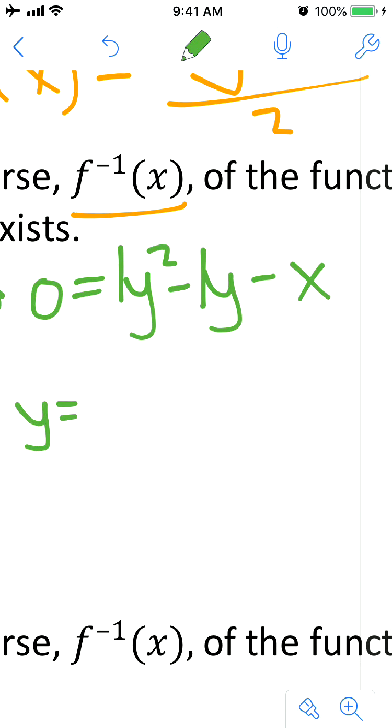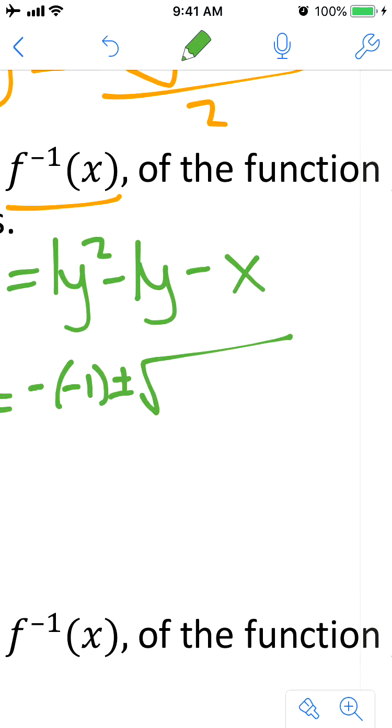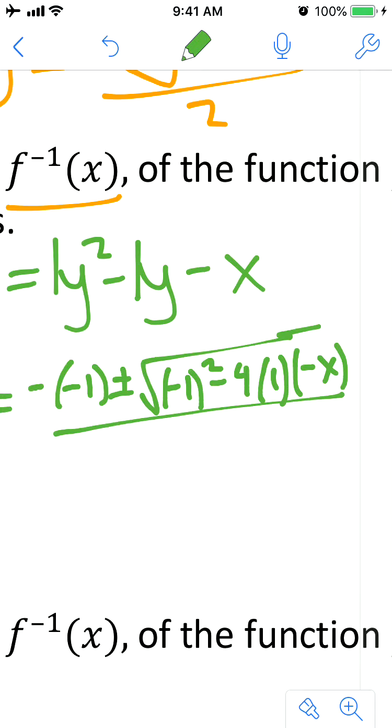y is equal to, because that's the squared one, y is the one I want, so I want to make sure I put y outside. y is equal to minus b plus or minus the square root of b squared minus 4a times c, where c is negative x, and that's where my variable is going to go, all over 2a.